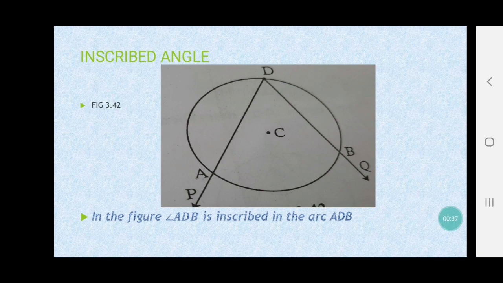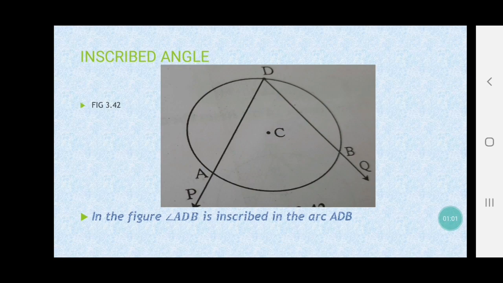Inscribed angle. Now when you see the figure, what do you see? A circle with a center C and an angle is drawn, of which one of the vertex lies on the circle, and the arms intersect the circle at point A and B. So we call this angle an inscribed angle, but in which arc?